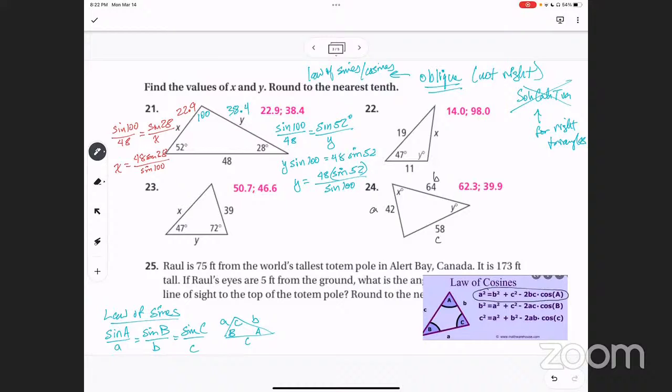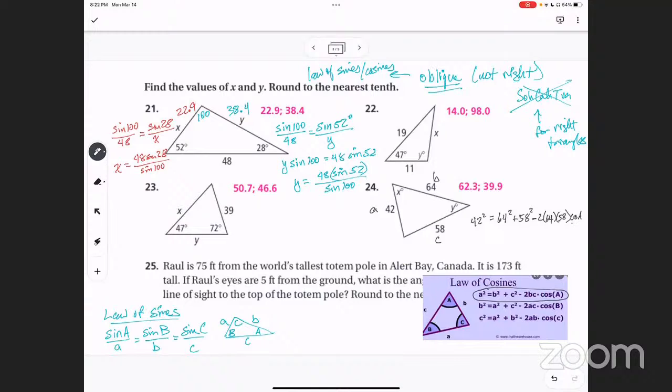So ready? We're going to go 42 squared equals 64 squared. What should I write now? 58 squared. Good. Minus 2 times, what should I write? 64 and 58 times the cosine of A. 42.